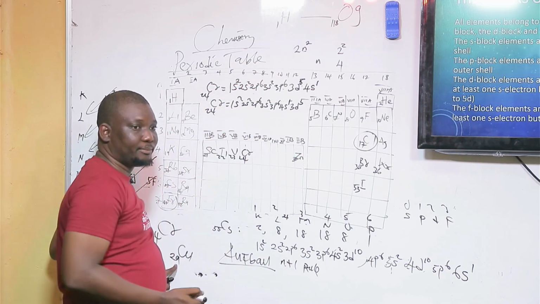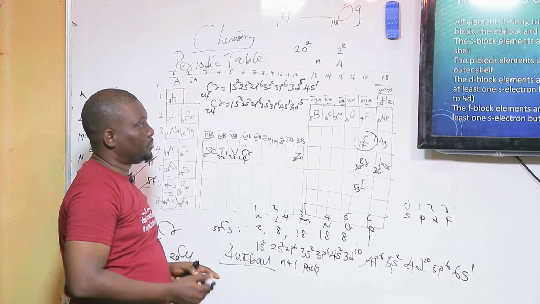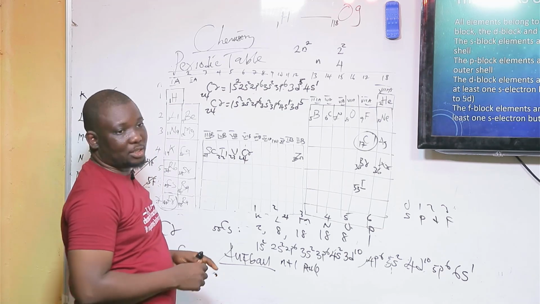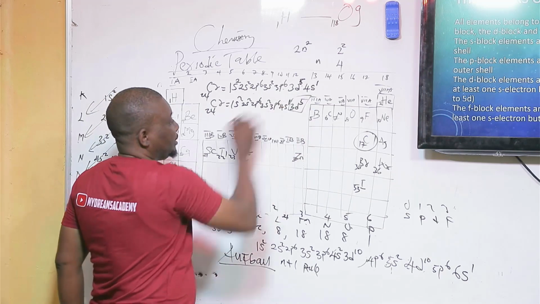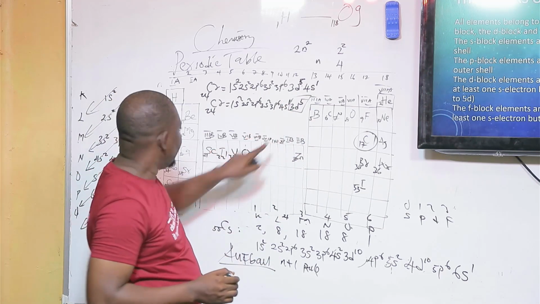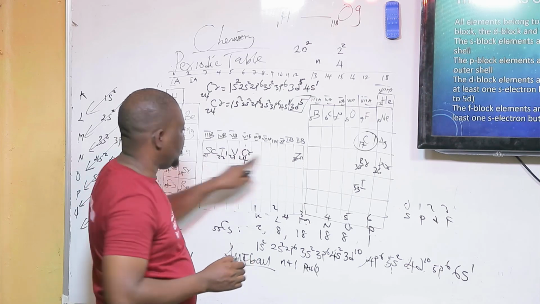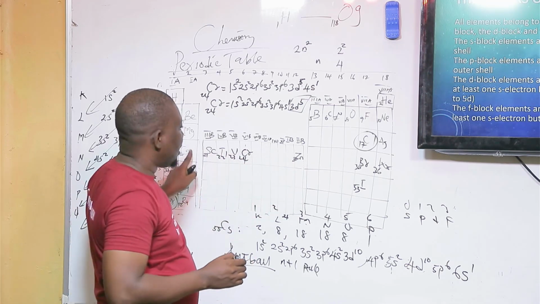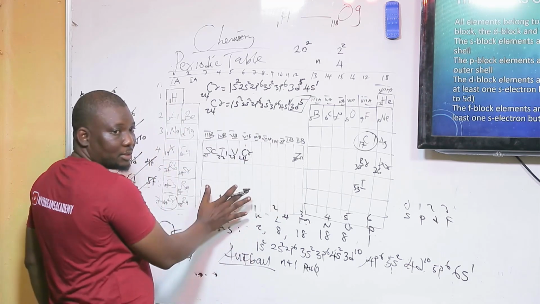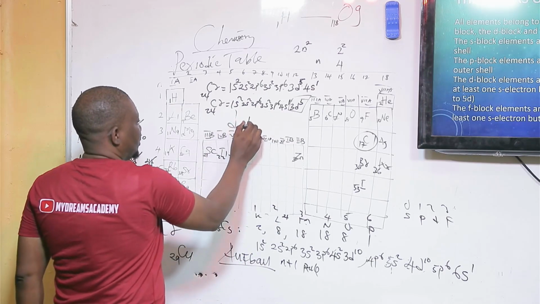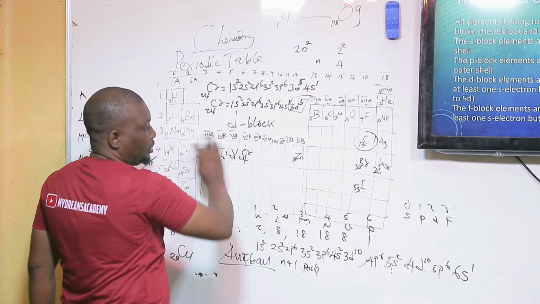Same thing with copper. Copper also violated the principle. So with the last subshell being d, I mean the last subshell is this, isn't it? So elements in this particular block are called what? D block elements. All the elements here are d block. Now I told you about blocks of elements.